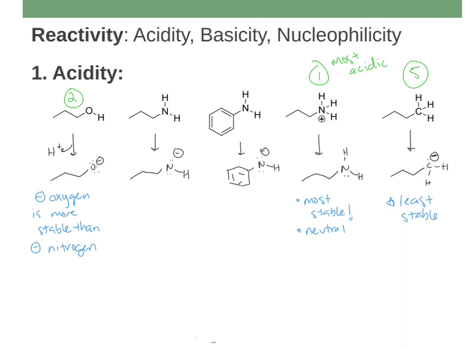Now, the big difference between these two, hopefully that you recognize, is that the aniline has resonance stabilization. You can delocalize those electrons and draw resonance structures. I'm only going to draw one because I don't want to waste time here. I'll write one resonance contributor for this. It would look like this. And I could draw two more if I wanted to keep going, moving that lone pair around the ring. That's going to help stabilize it. We know that delocalizing a charge, spreading a charge out, stabilizes it.